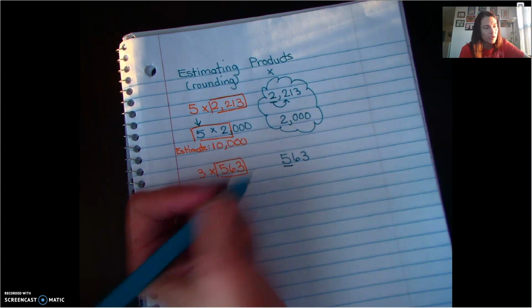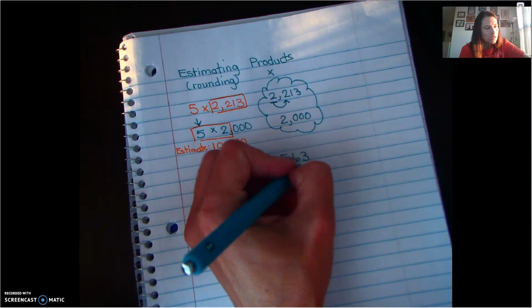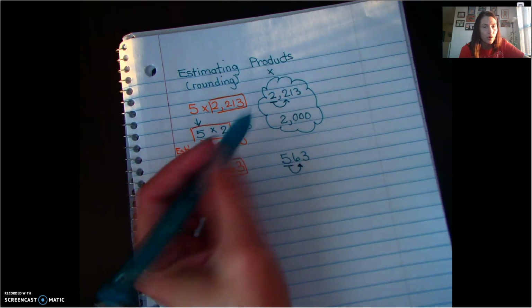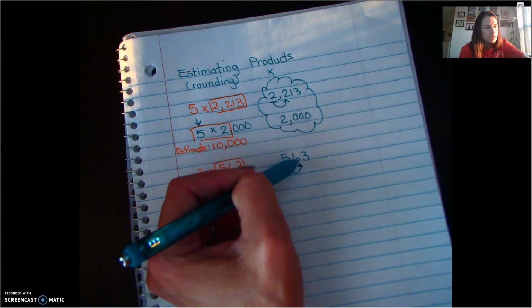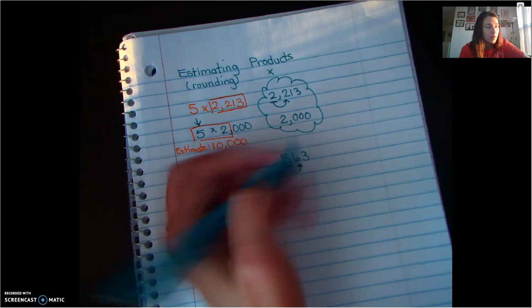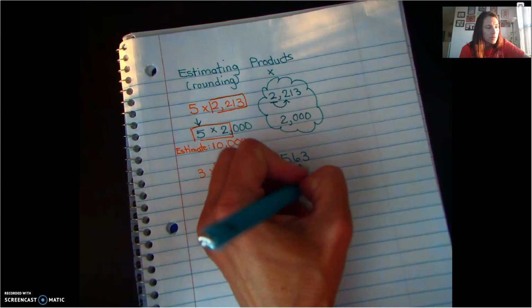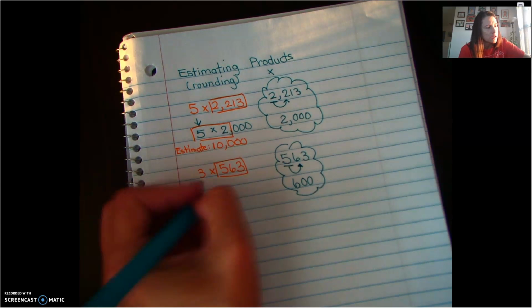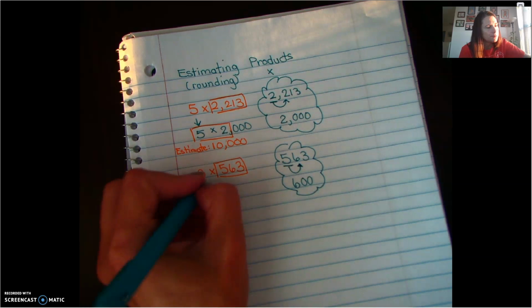So we underline the first number. We look next door. We ask ourselves, 5 or more, raise the score. 4 or less, let it rest. So 6 is 5 or more. So that means 563 is going to be rounded to 600. So this is my thought. And so then I come over here to my problem.